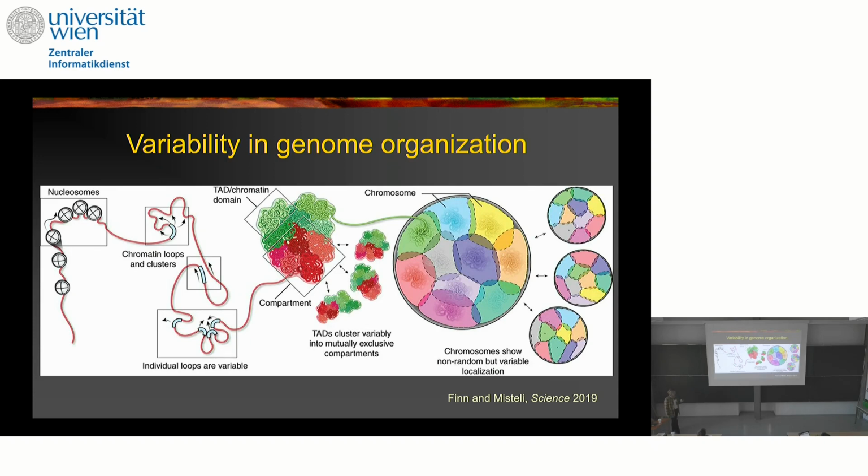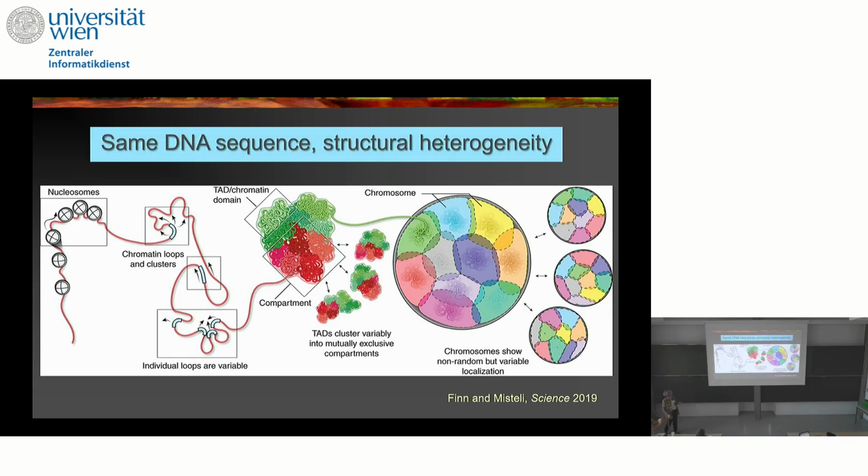Now let's talk about the variability of the genome a little bit. We have the same DNA sequence in all cell types, but they have different gene expression profiles, and for example the TADs are clustered in different ways. I'm sorry, I have to move faster. As we can see from the Hi-C maps, there are structural heterogeneities.